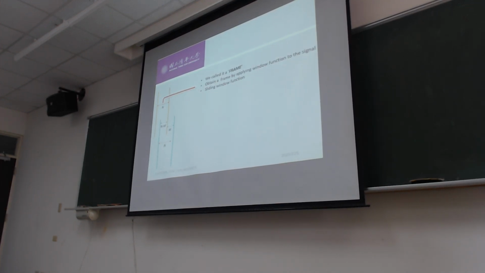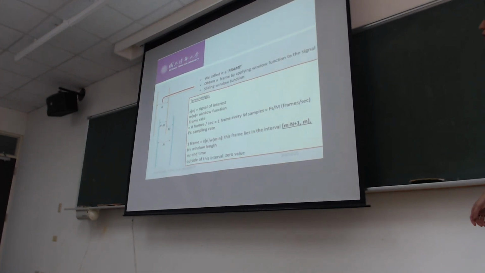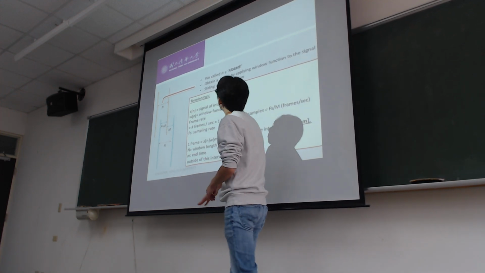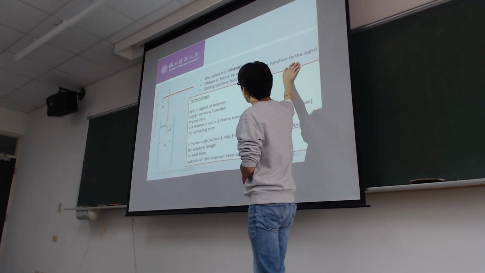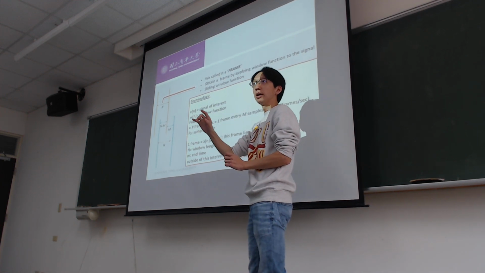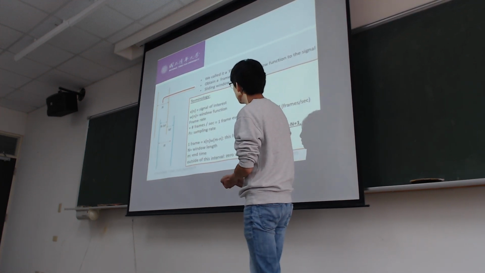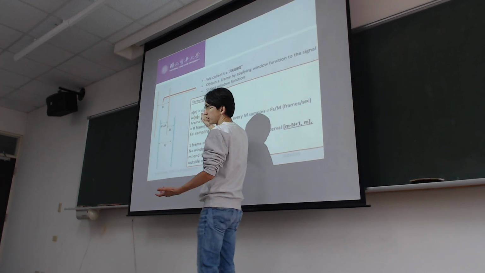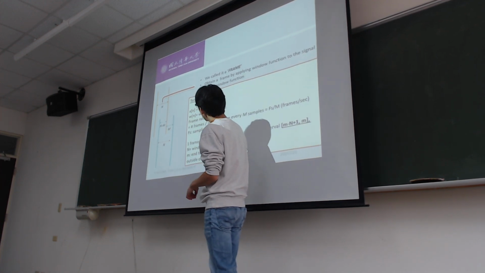The key thing here is what you do mathematically. You obtain a frame by applying a window function to the signal, and you slide that window function. So terminology: x of n is the signal of interest, in this case, speech. w of n is your windowing function.